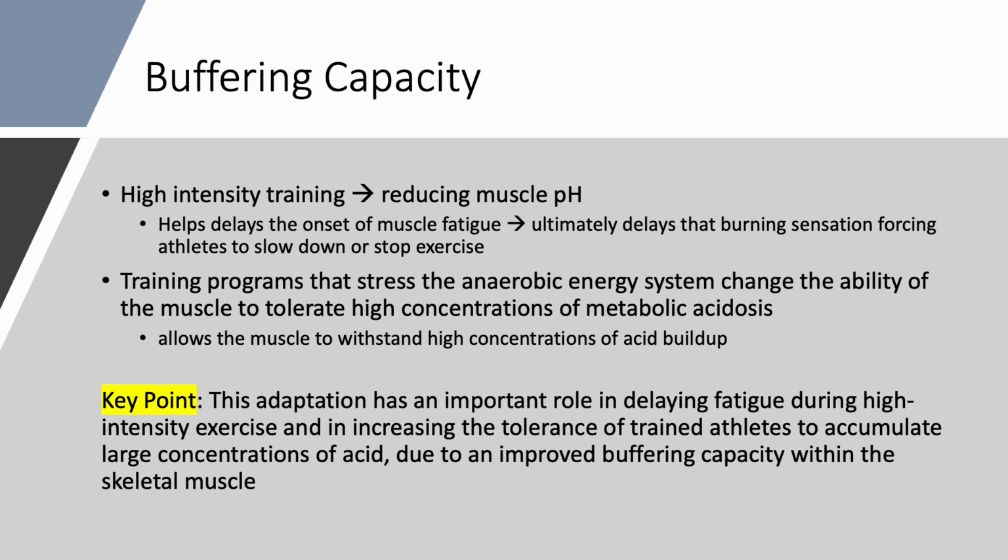So, what's my point? This adaptation has an important role in delaying the onset of fatigue during high intensity exercise and in increasing the tolerance of trained athletes to accumulate large concentration of acid due to an improved buffering capacity within the skeletal muscle.